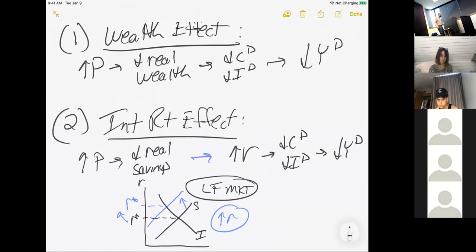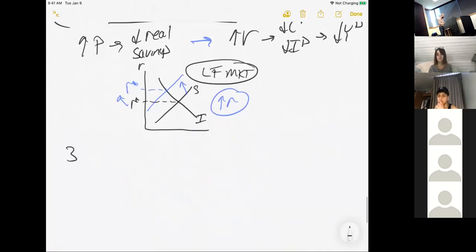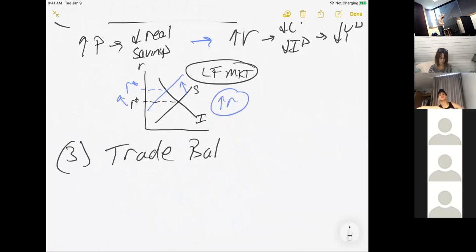There's a third effect here. I'm not really going to talk about this. I'm just going to put it up here because you might see it in your book, but we're not going to talk about it because we haven't really talked about international trade much. But there's also what's called the trade balance effect.